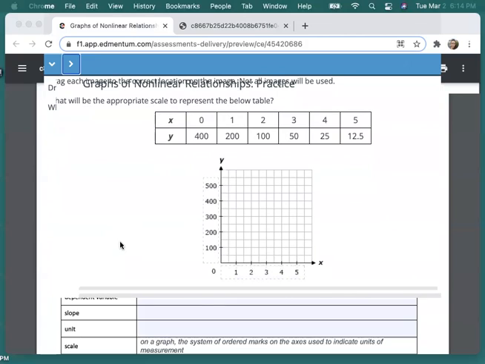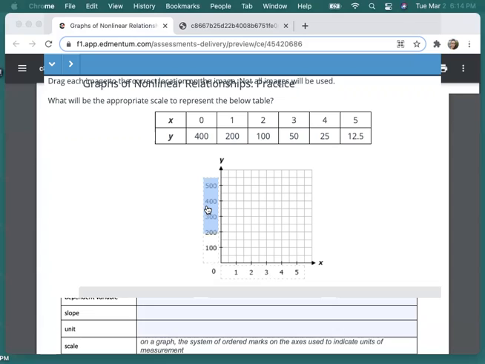Okay, so what would be an appropriate scale for these questions? Well, obviously on the x-axis, we're going to have 1 through 5 because that is what our data is showing up here. And then on the y-axis, we have starting at 400, going to 200 and 100, 50, 25, and then 12.5.